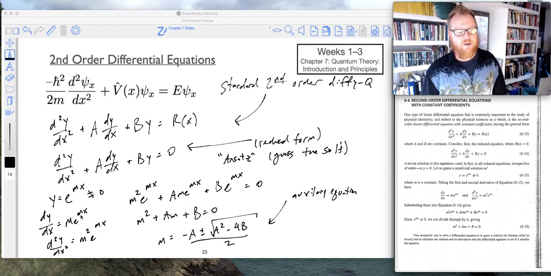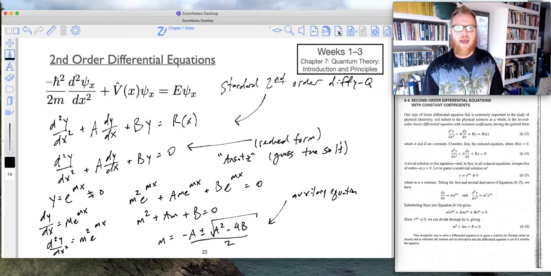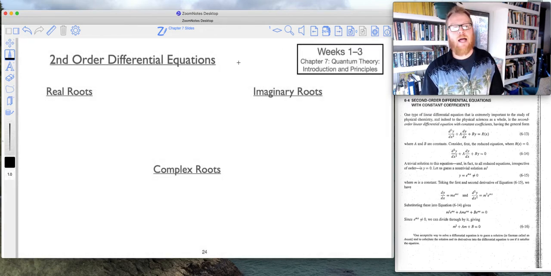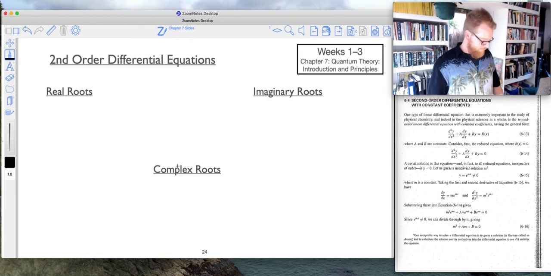We take the first derivative of that, we take the second derivative of that, and we set this up, and it turns out that it becomes the form of a quadratic. Beautiful. Now when we go to solve this quadratic, we're going to get three possible outcomes: real roots, imaginary roots, or complex roots.